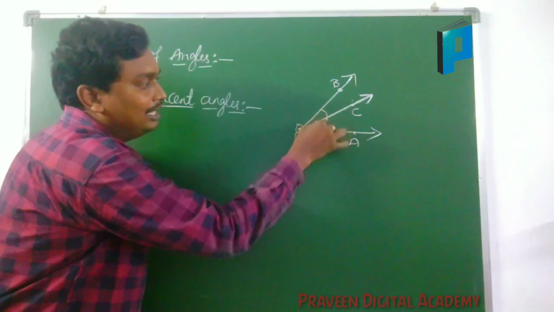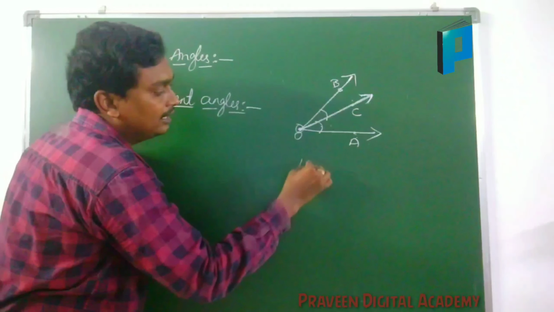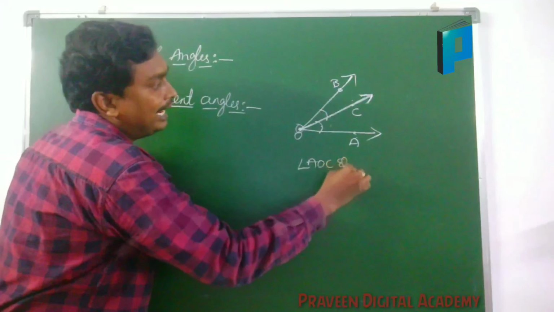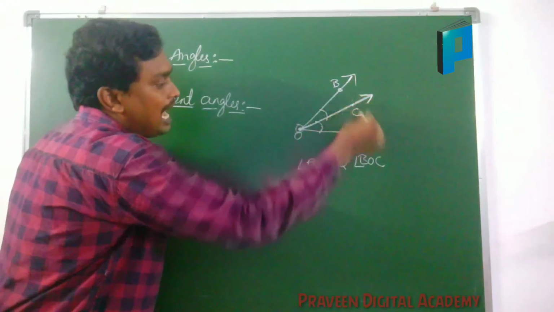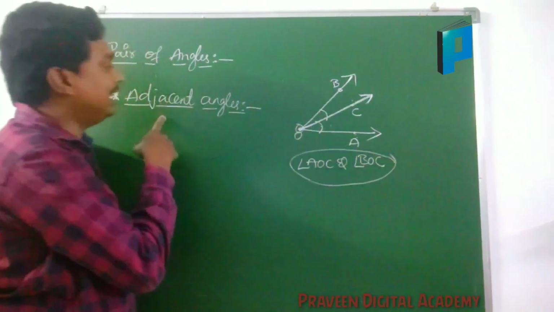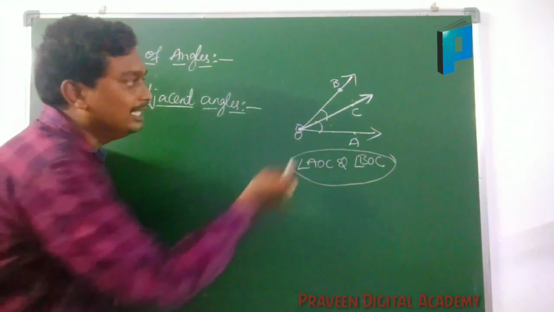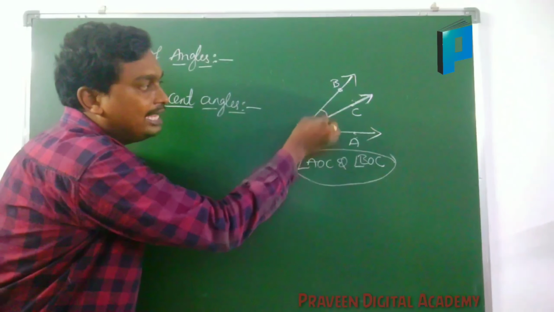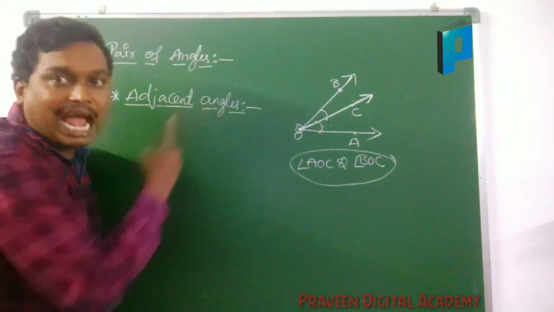If you are having that, then we can say this AOC and BOC are adjacent angles. Adjacent is nothing but side by side angles. The angles which lie side by side are called adjacent angles.